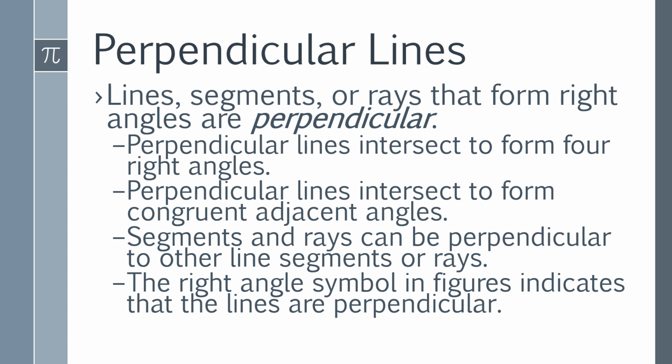Perpendicular lines intersect to form congruent adjacent angles. The angles that are next to each other are going to be congruent. Segments and rays can also be perpendicular to other segments or rays or lines. Okay, and we put the right angle symbol, which is the little box in the angle, in figures to indicate that the lines are perpendicular.